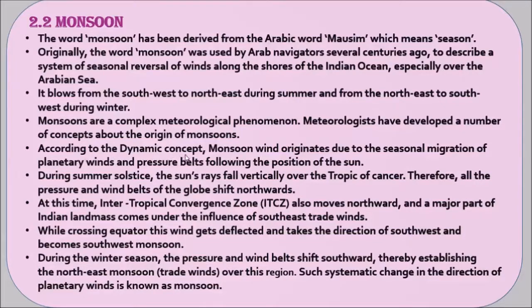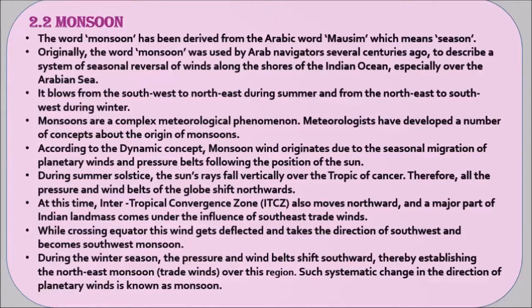According to the dynamic concept, monsoon wind originates due to seasonal migration of planetary winds and pressure belts following the position of the sun.